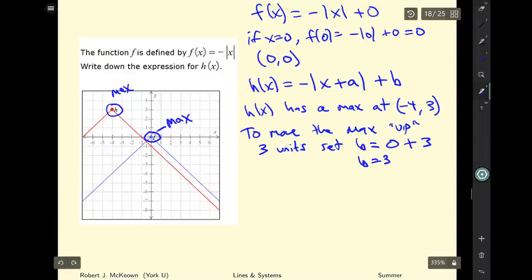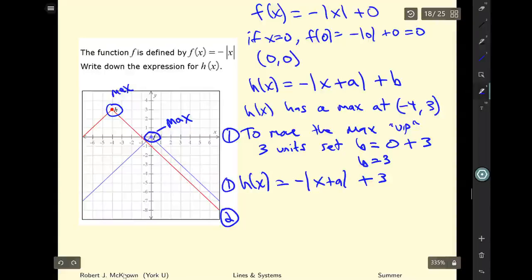So set b equal to 3. Means I'm going to have h of x is equal to negative the absolute value of x plus a, plus 3. Let's call this 1. And this is kind of our step 1 here.